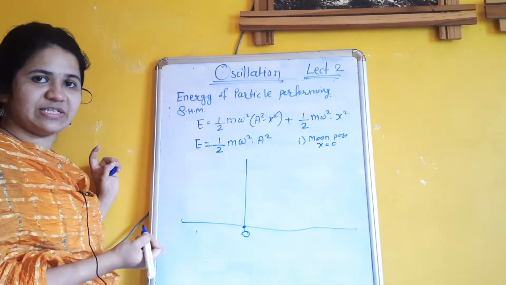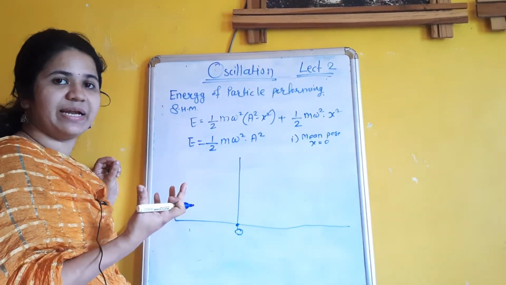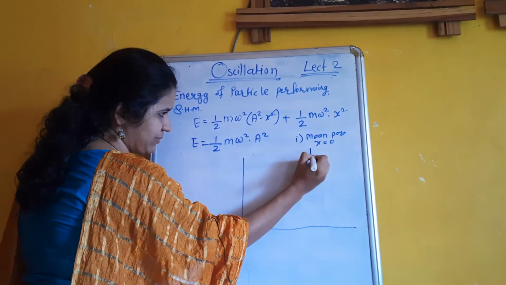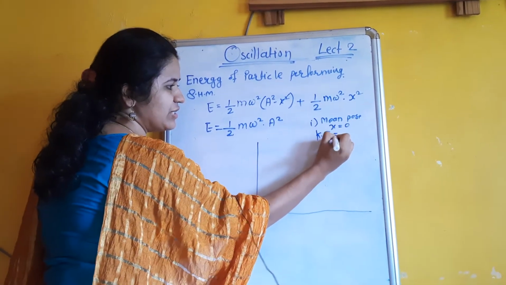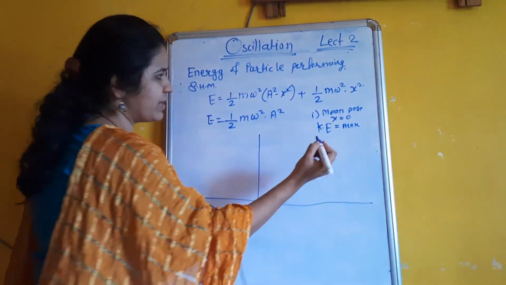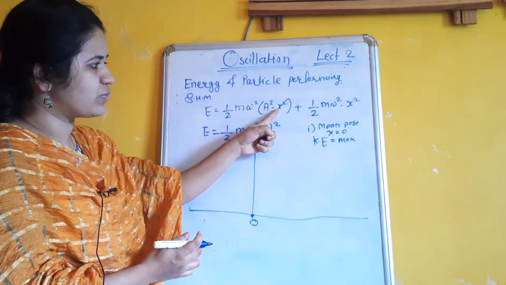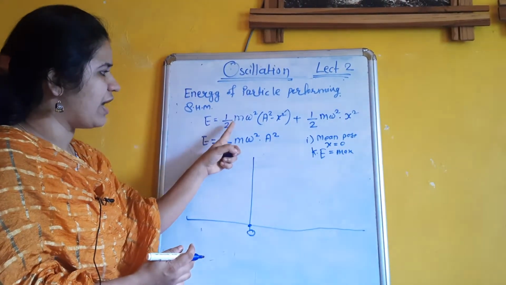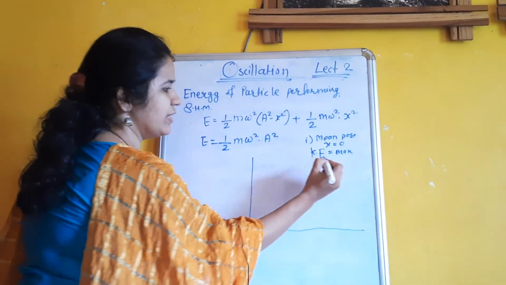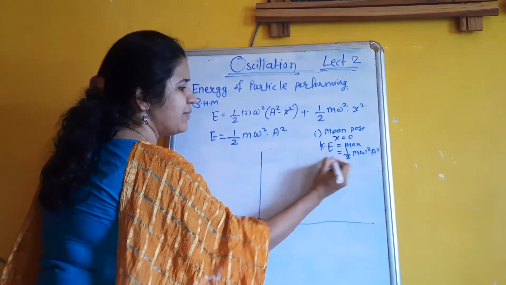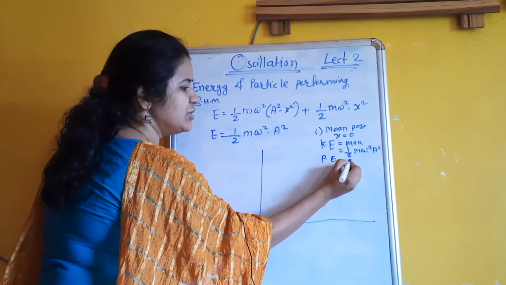When x is equal to 0, the kinetic energy is maximum, and its value is half m omega square a square, since the x square term is 0. And the potential energy is 0.